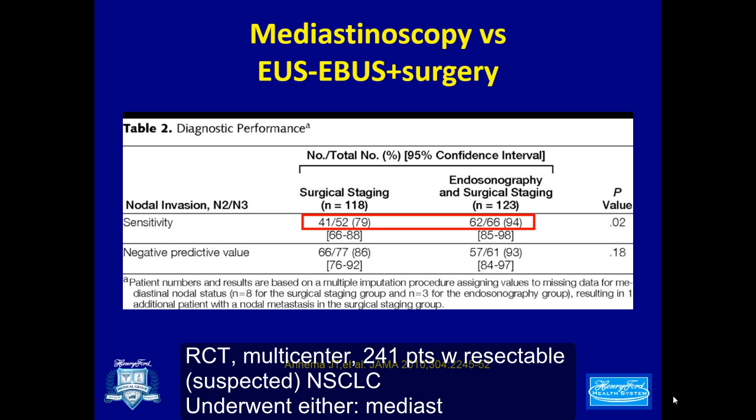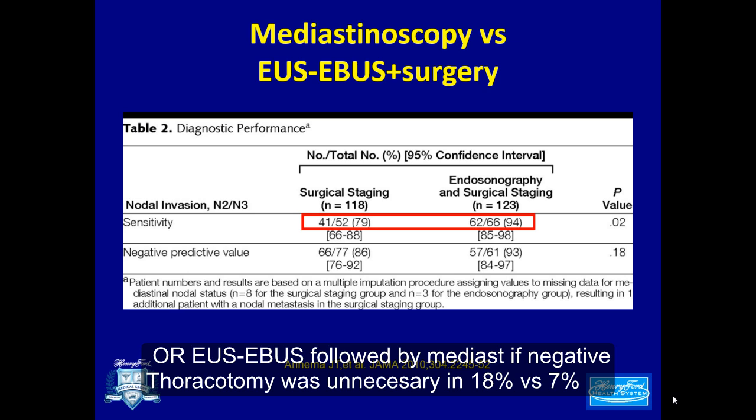This is the study that I was explaining to you earlier, in more than 200 patients. They randomized them to either go for surgical staging with mediastinoscopy, or to receive EBUS plus EUS, and if the lymph nodes were negative, then they did the surgical staging, where patients go for surgery and have lymph node staging at the moment of surgery, and if that's negative, they immediately proceed with removal of the lung or the lobe.